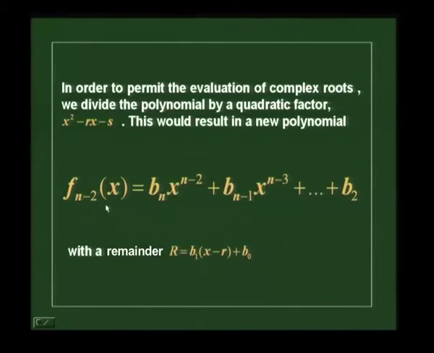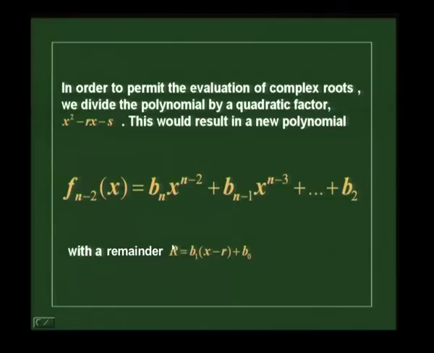So you have a polynomial and a remainder, and what we need to do is determine bn, bn minus 1 up to b2, and then b1 and b0 would be in the remainder. Now if this quadratic polynomial x squared minus rx minus s is an exact divisor of the nth order polynomial which we had, then the remainder would be 0.